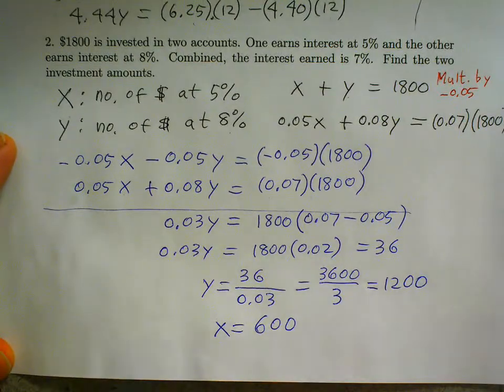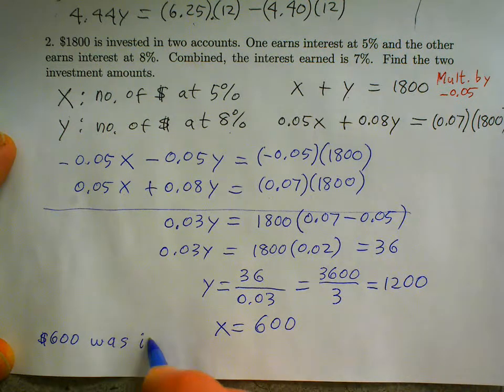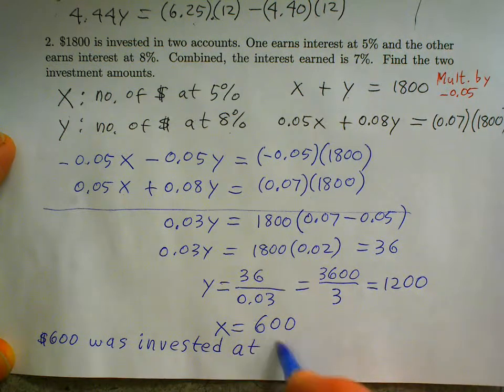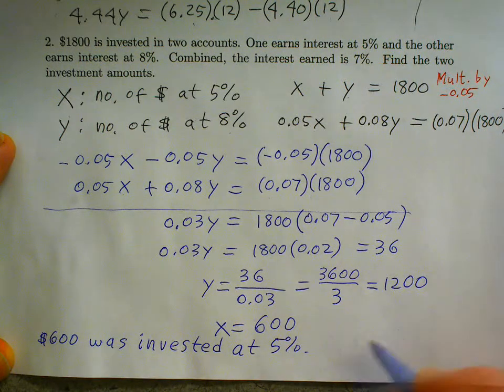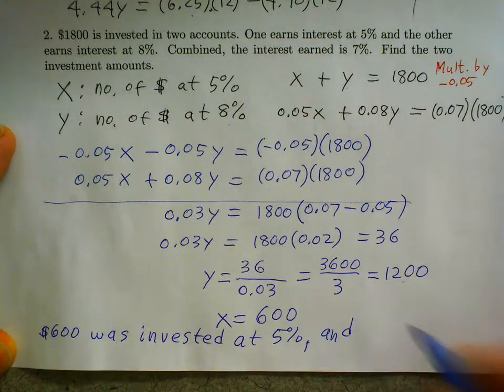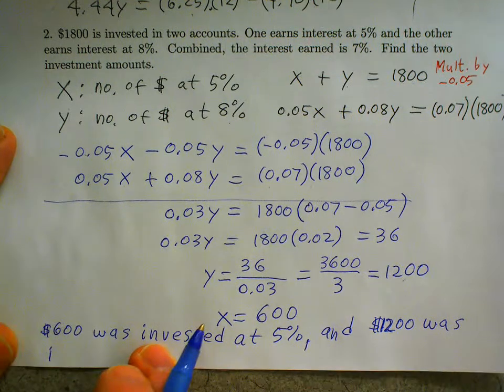Okay, so our one sentence summary, we can say $600 was invested at 5%, and the other amount, $1,200, was invested at 8%.